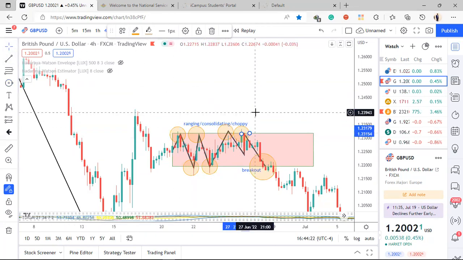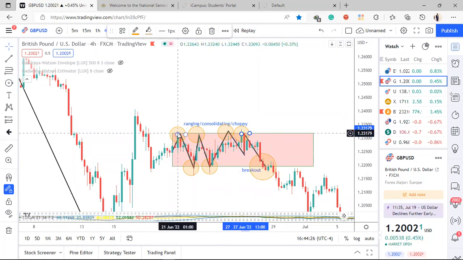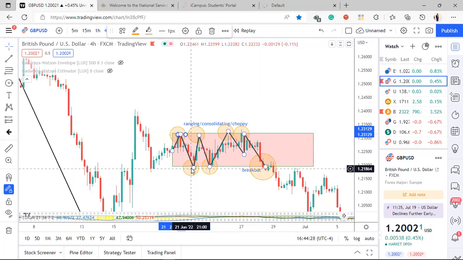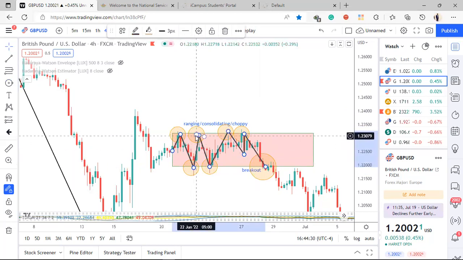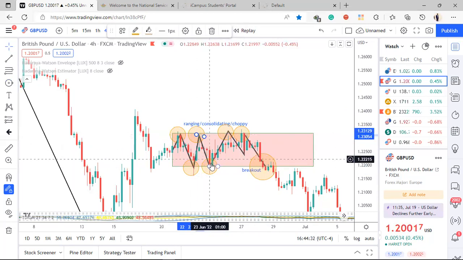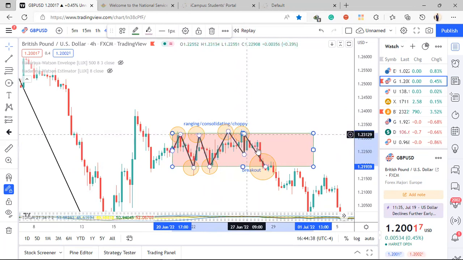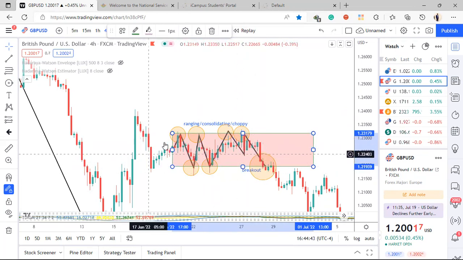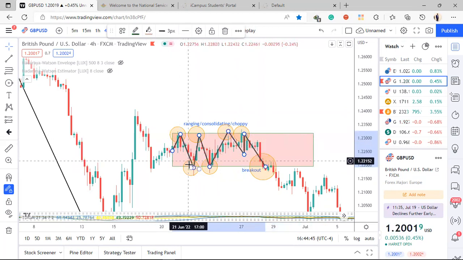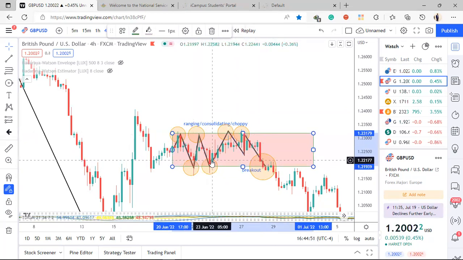All that you do, you make money. You sell here, you exit here, you buy here, it goes back, you sell here, you buy here. When you sell here, you exit, you buy here, you make money. It goes back here, you sell here, you exit, you make money.